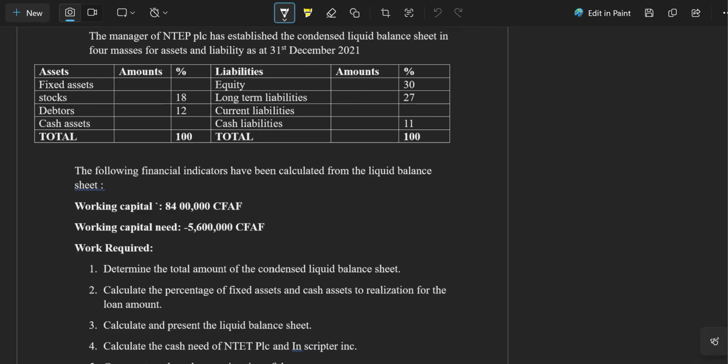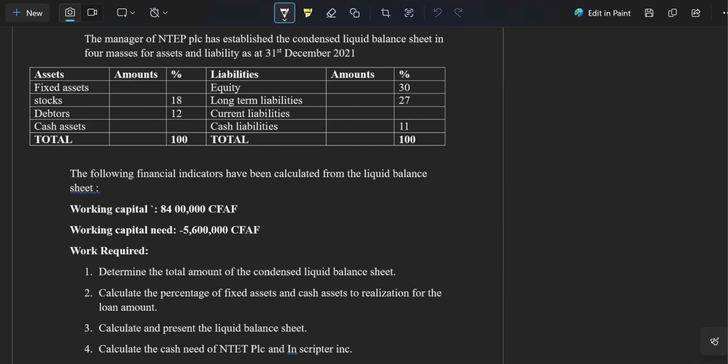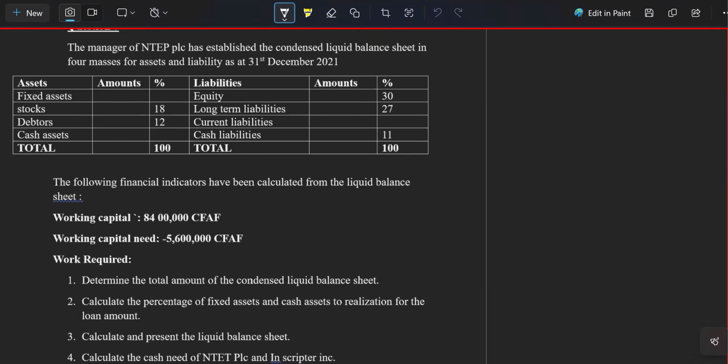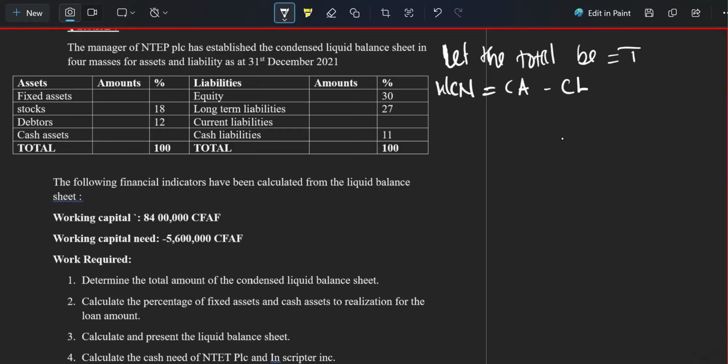The first thing we have here is to calculate the total of the condensed liquid balance sheet. Let the total be equal to T. Working capital need is equal to current assets minus current liabilities.